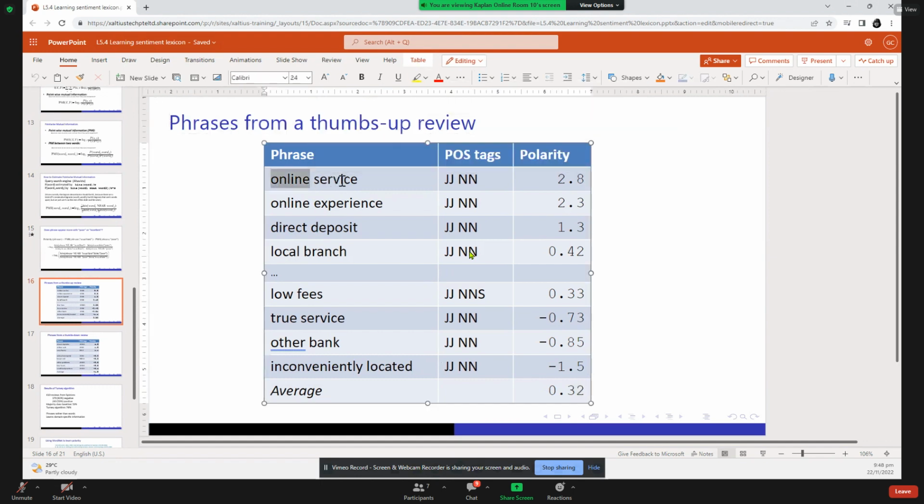So phrases like online service, online experience, low fees or true service have a positive impact in the prediction of the class itself.